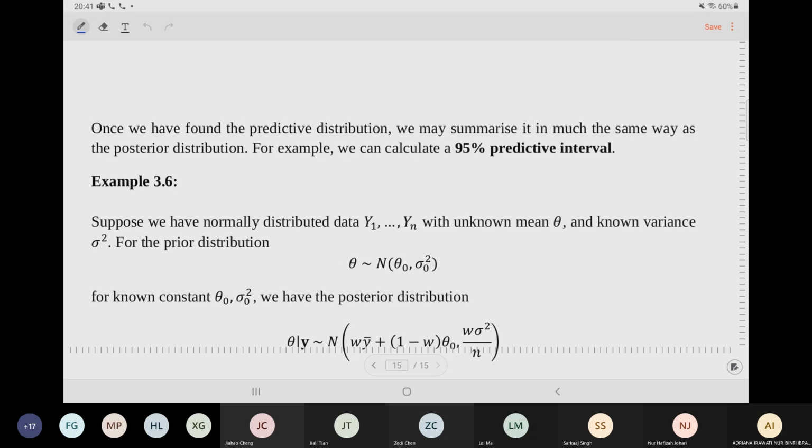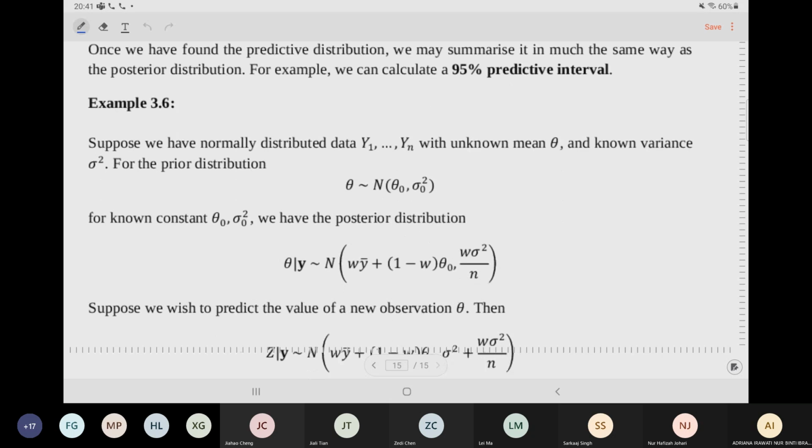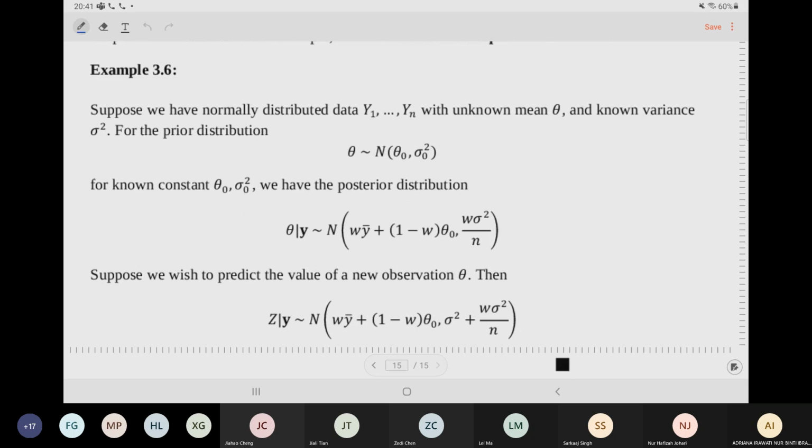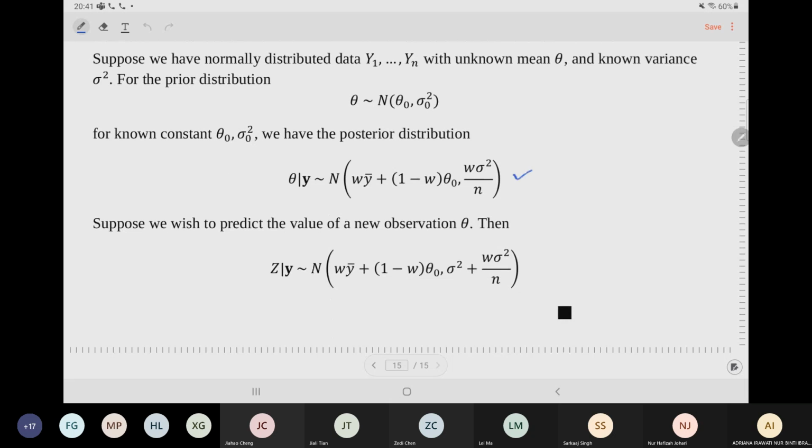So for example, if you have data which is normally distributed with unknown mean theta and known variance sigma squared, and we have a prior which is also normal, then we can find the posterior. We have found the posterior distribution before. This is also one of the questions: we can find the predictive distribution for when it's normal.